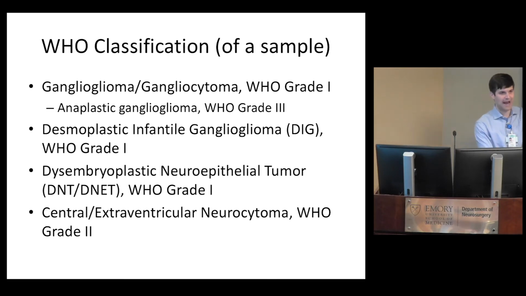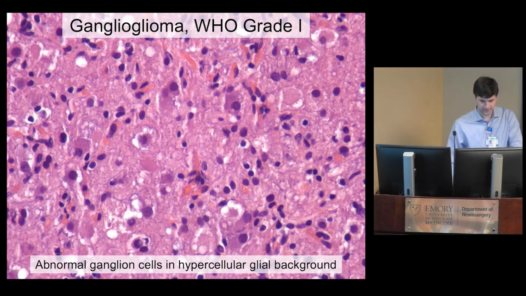Those can be quite dramatic, enormous tumors in a patient who really doesn't show all that much in the way of clinical symptomatology, and you take the thing out and the brain re-expands, and patients are really never bothered by it beyond that. It's kind of an amazing thing if you get the whole thing out. So these are WHO grade 1 tumors as well. Dysembryoplastic neuroepithelial tumors, DNETs or DNTs, are WHO grade 1, and then neurocytomas are WHO grade 2. Usually these are central or very rarely extraventricular.